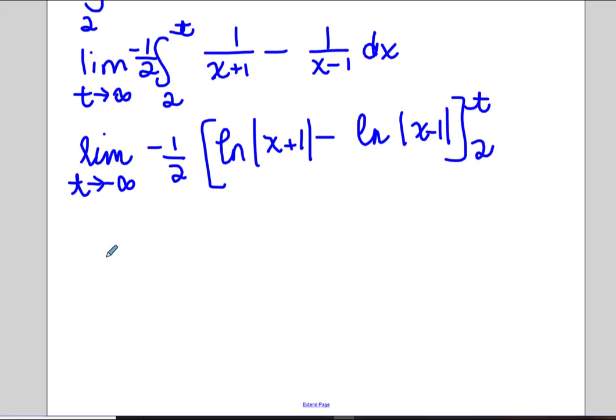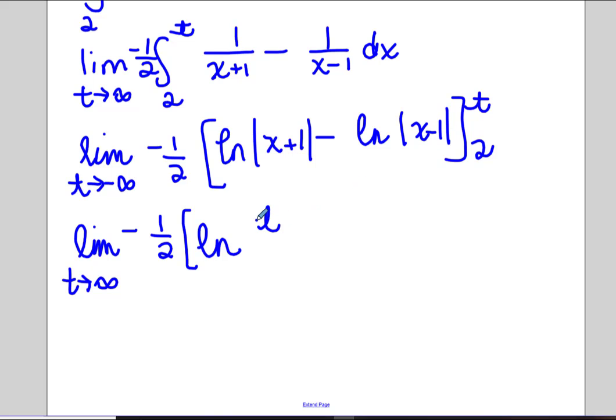So evaluating from 2 to t, we have the limit as t approaches infinity of negative 1/2 natural log. Let's see, we could take that negative and this negative. We could put the x minus 1 on top. So t minus 1 over t plus 1 here.